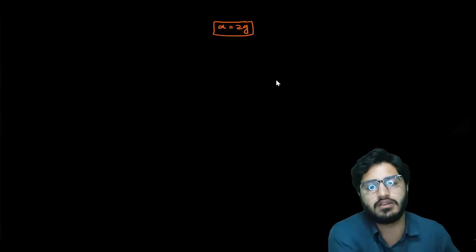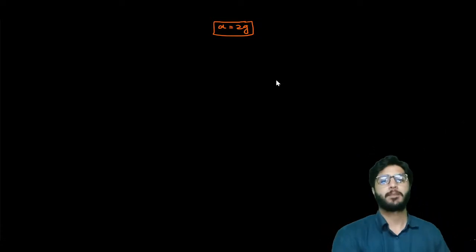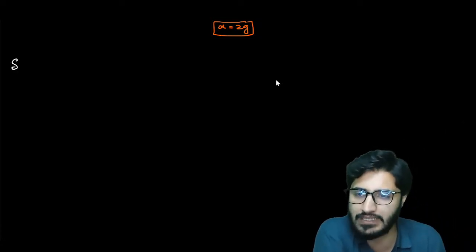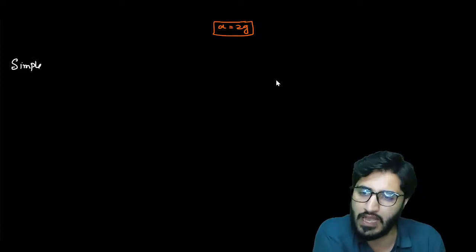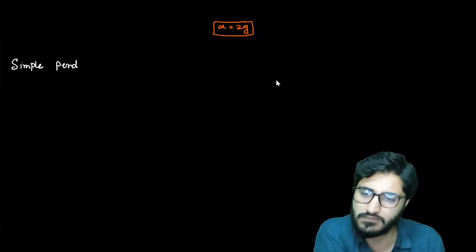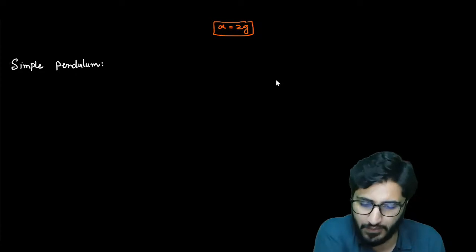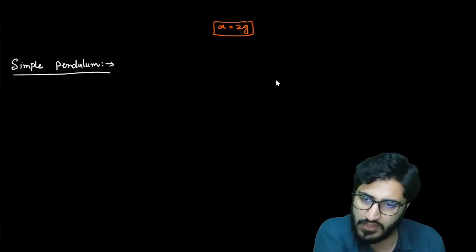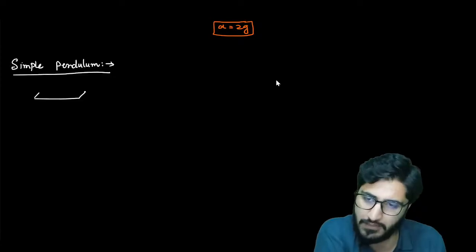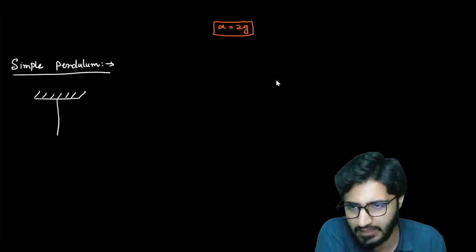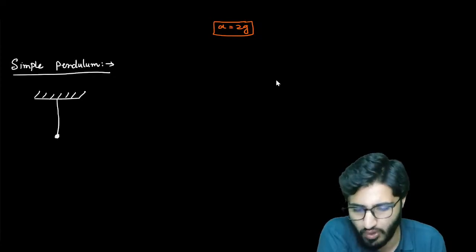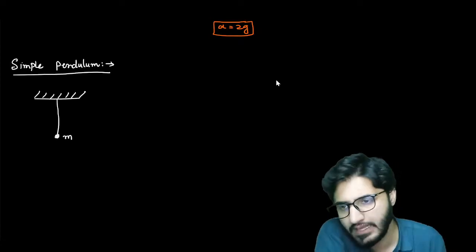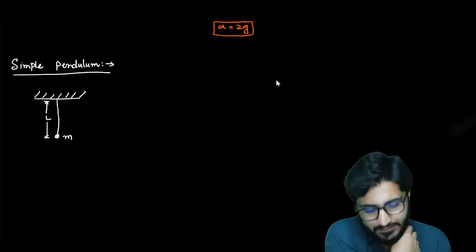From the hanging of a pendulum. So we have a simple pendulum. If we have a pendulum like this, it is hanging in this particular manner, a bob with mass m, and the length of this string is L. In the first case, there is no electric field.